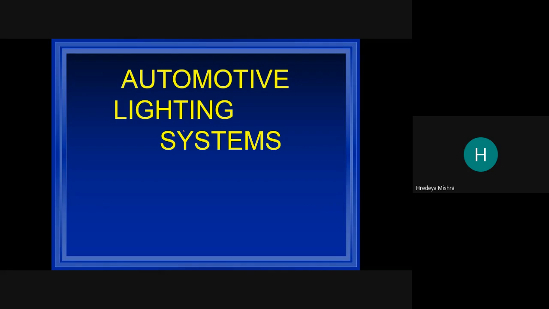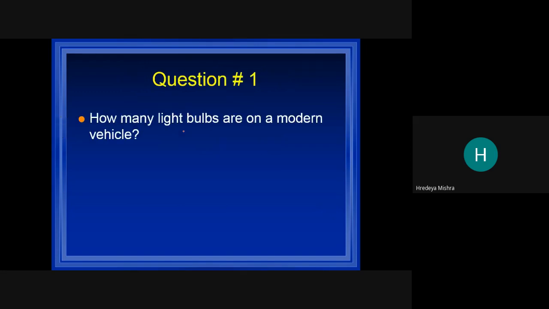That covers the ignition system. Now we talk about the lighting system of the automobile.